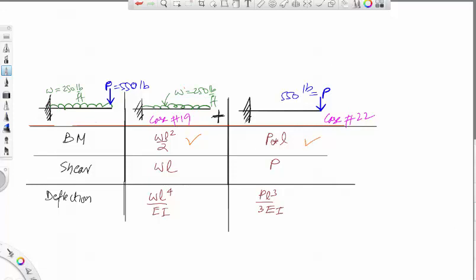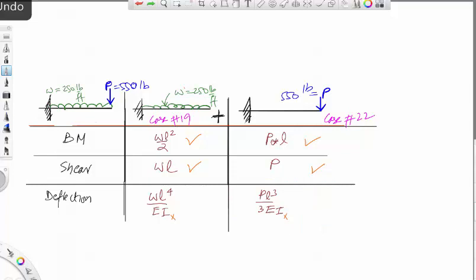You have to put the chart in front of you to understand. Then the shear for the uniform load is WL, and the point load shear is only P. For the deflection, the uniform load will be WL to the power 4 by 8EI. I means moment of inertia, which is a property of a section that you can get from the table. And for the point load, the deflection is PL cubed divided by 3EI.